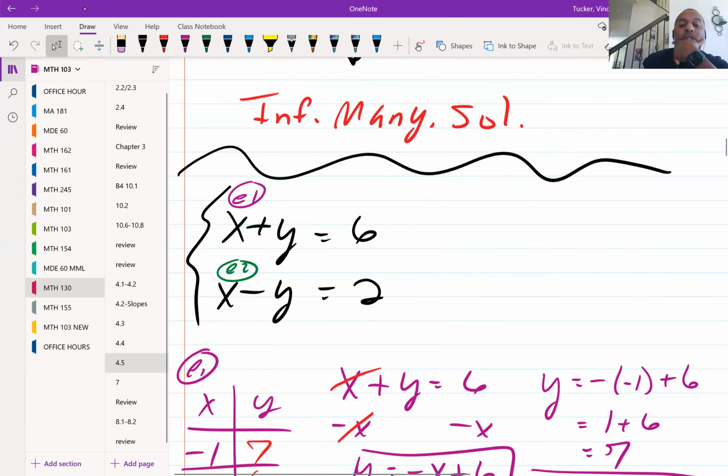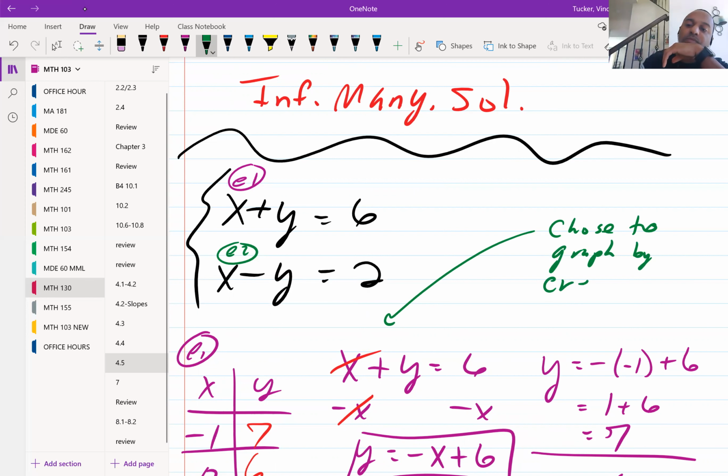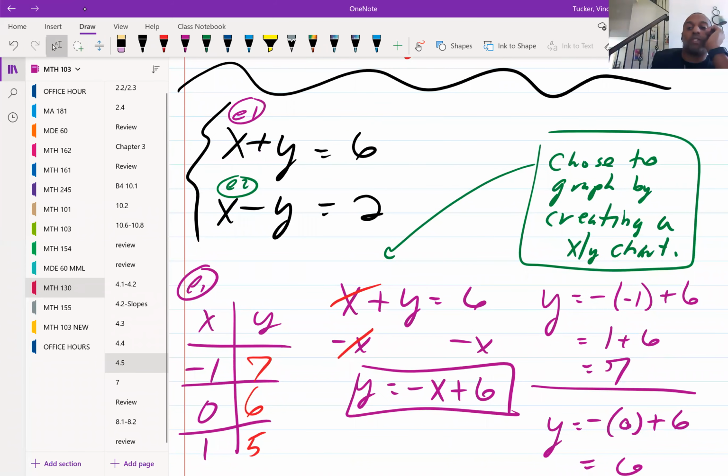All right. So what I decided to do first, I chose to graph by creating an XY chart.